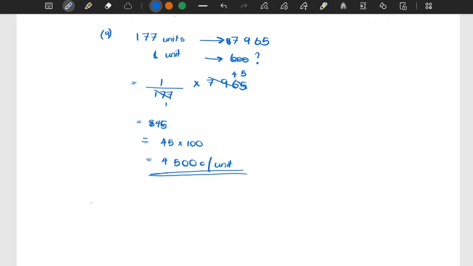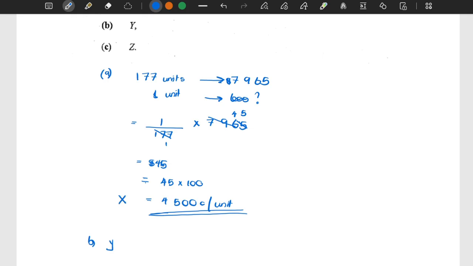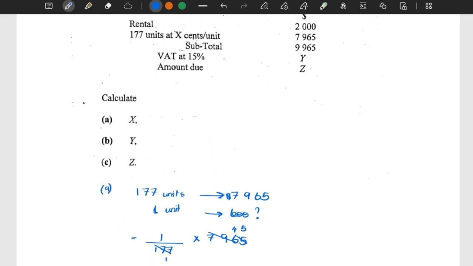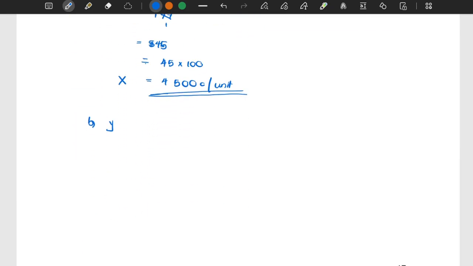And then B, which is Y, so this is X. Y is VAT at 15%, so it's going to be the VAT 15% of the units that she uses, of what was charged.